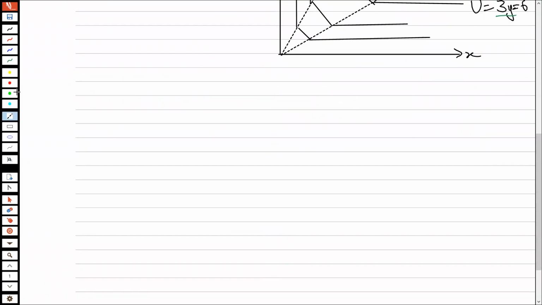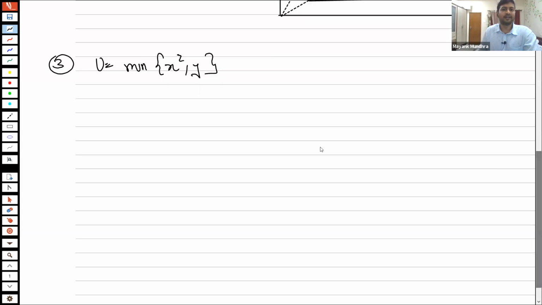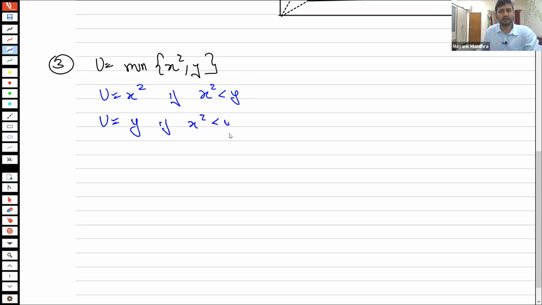So the only difference here is that, so this is question 3, utility equals to min of x square comma y. So this function will report value as x square if x square is less than y, and it will report a value y if x square is greater than y.